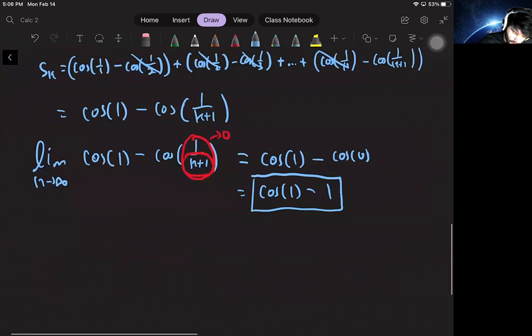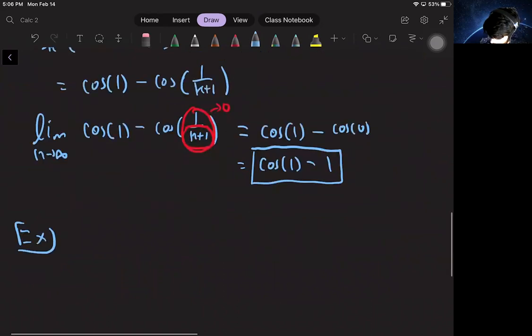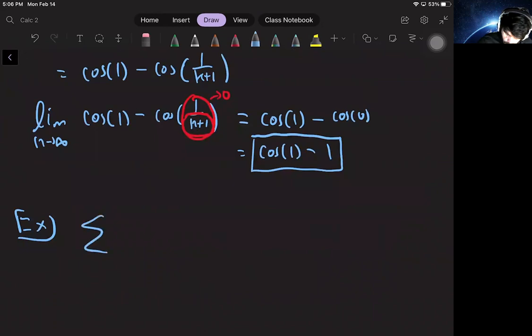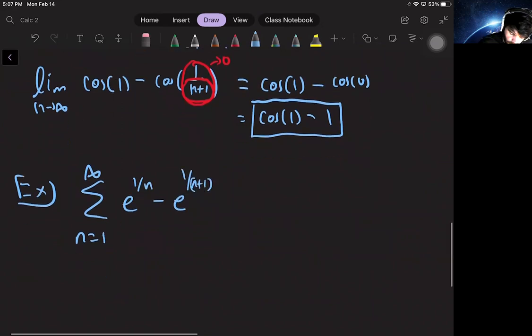Okay, let's do one more. So hopefully you can see the pattern. They all sort of look the same with just slight variations. So e to the 1 over n minus e to the 1 over n plus 1. Very similar.